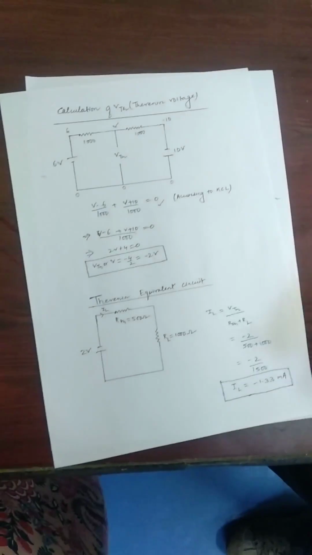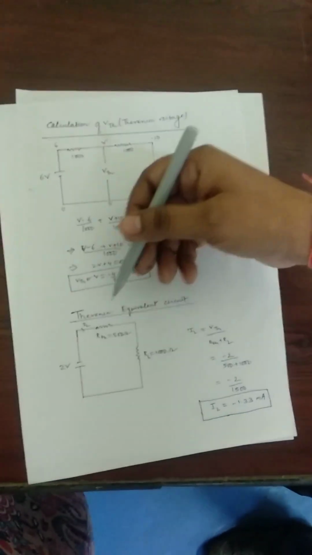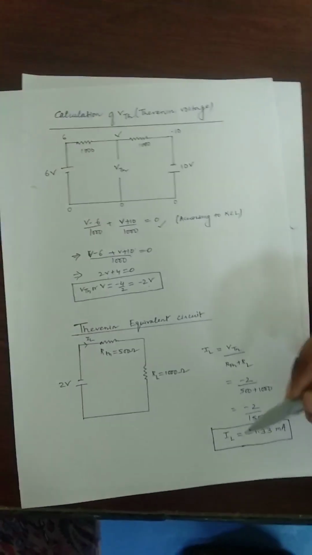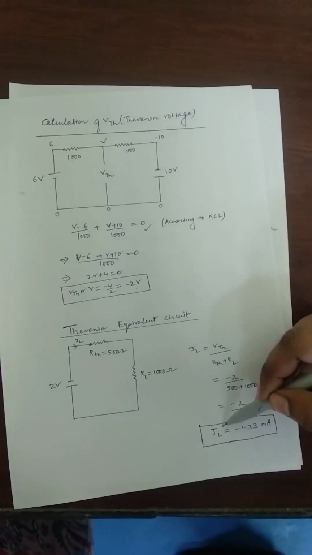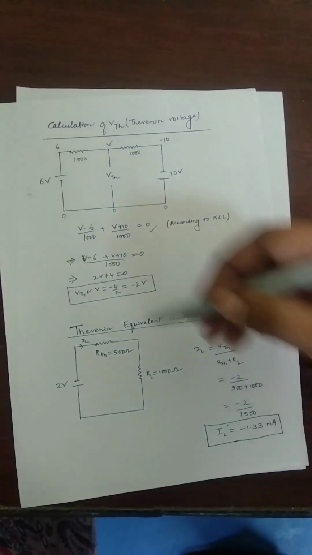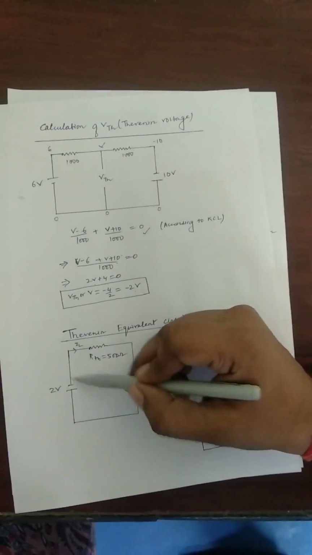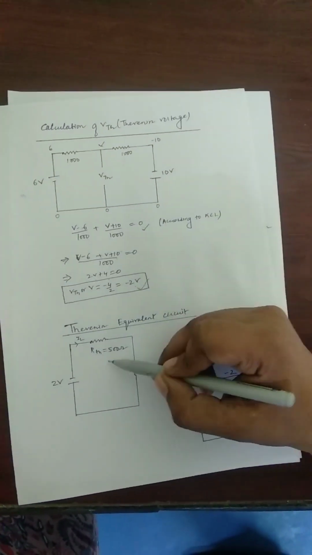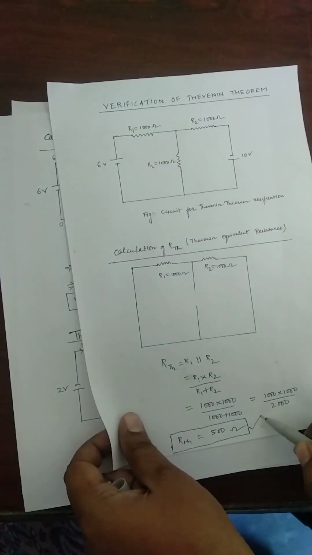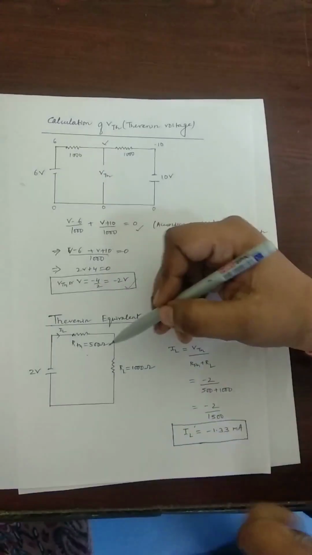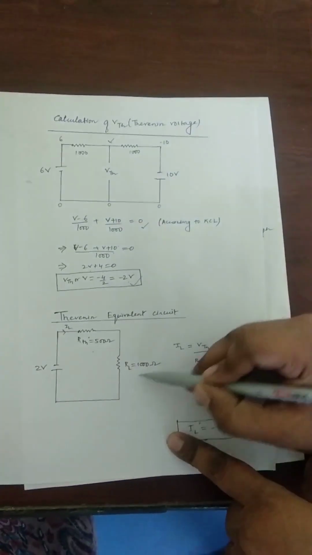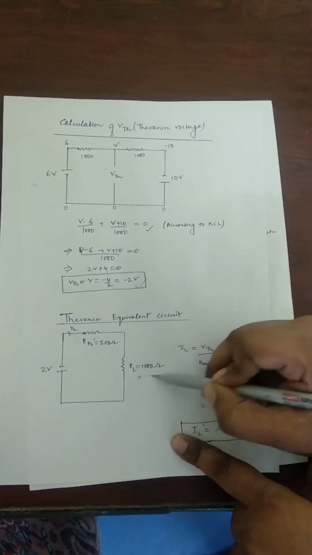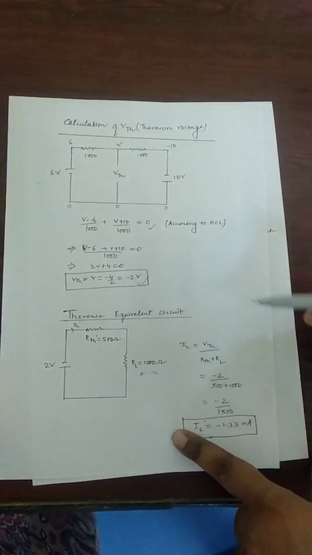Now we will calculate the value of current flowing through the RL load. We have minus 2 volt, that is the Thevenin voltage. We have got the value of RTH to be 500 ohm. We connect RTH, and the load resistance is 1000 ohm.